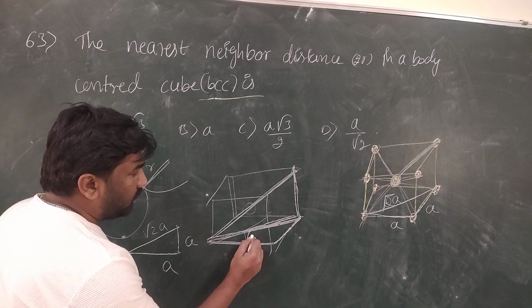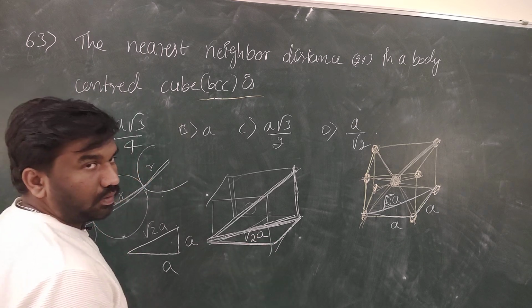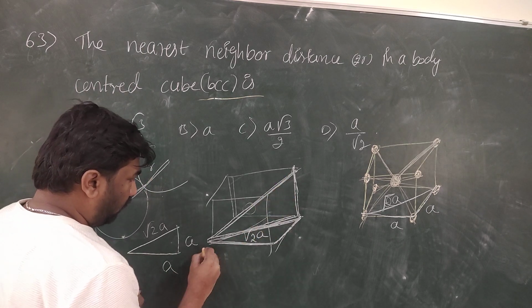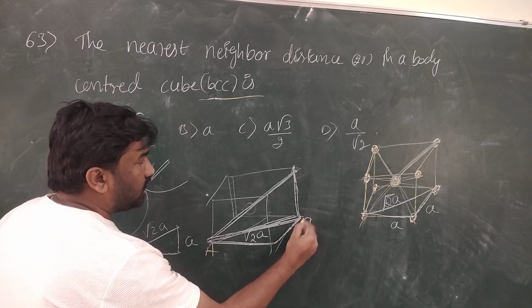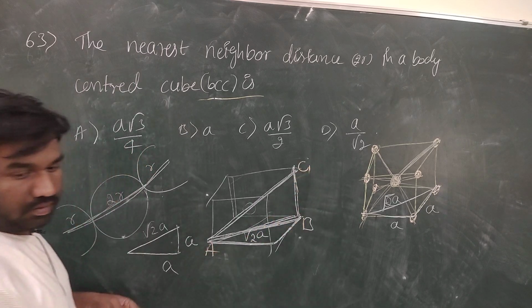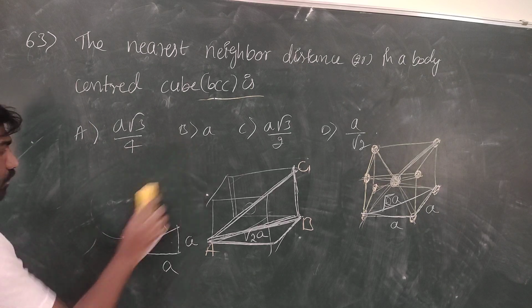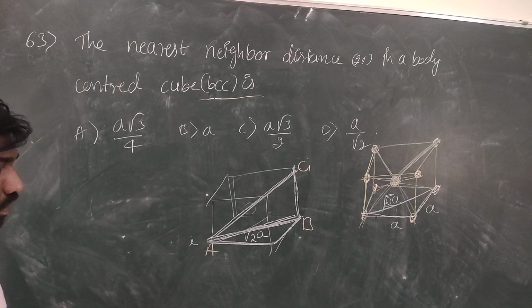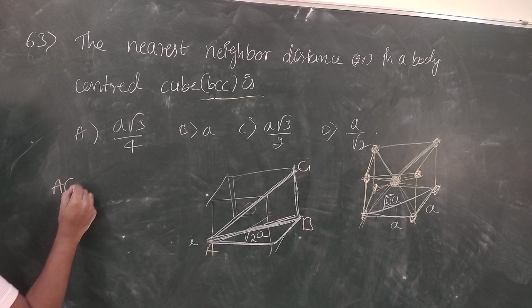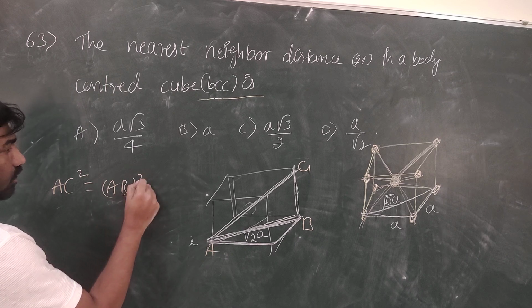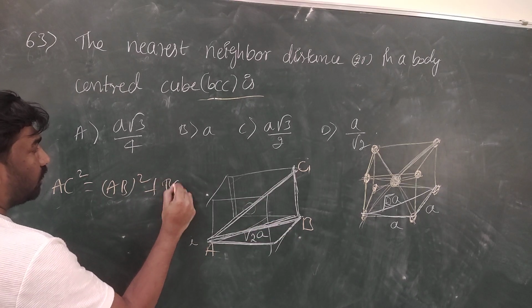Now let us consider this as A, this as B, and this as C. AC square is equal to AB square plus BC square.